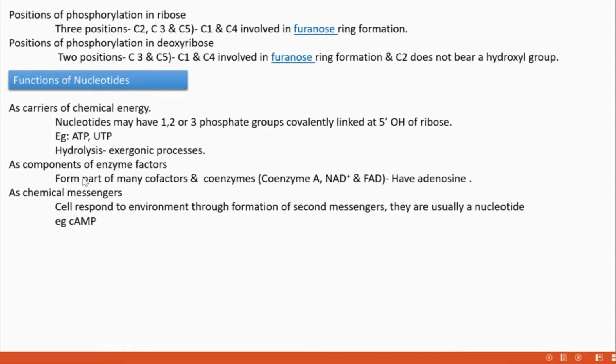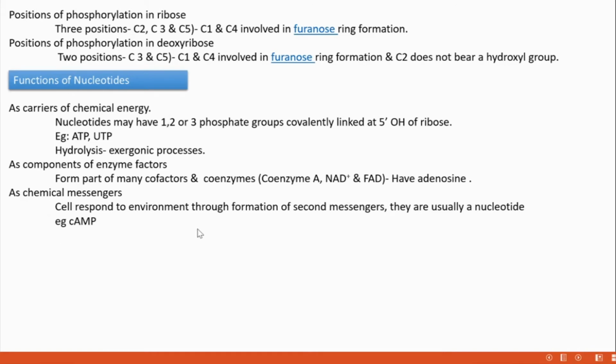Similarly, nucleotides act as chemical messengers in cell signaling. If a cell needs to respond to a hormone, it needs a mediator. That mediator is called a second messenger, and second messengers are usually nucleotides. An example of such a second messenger is cAMP.